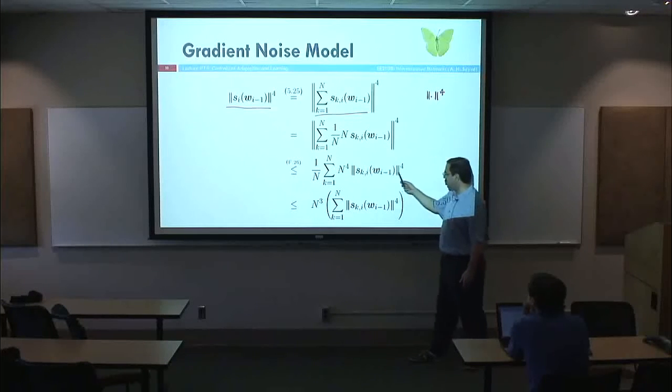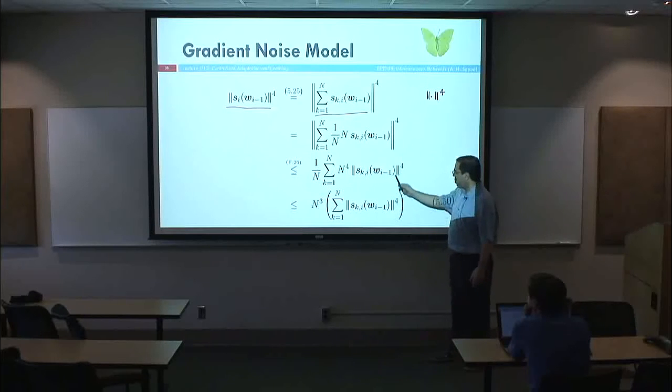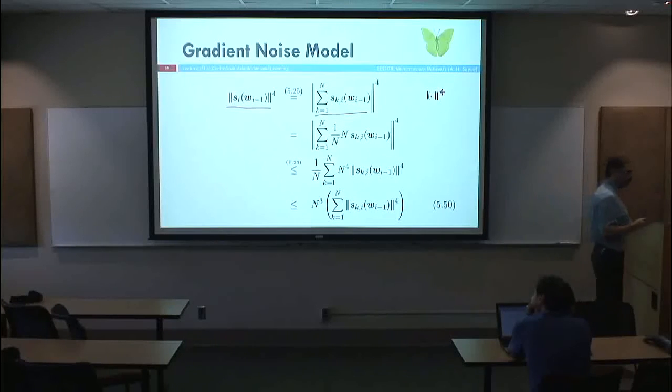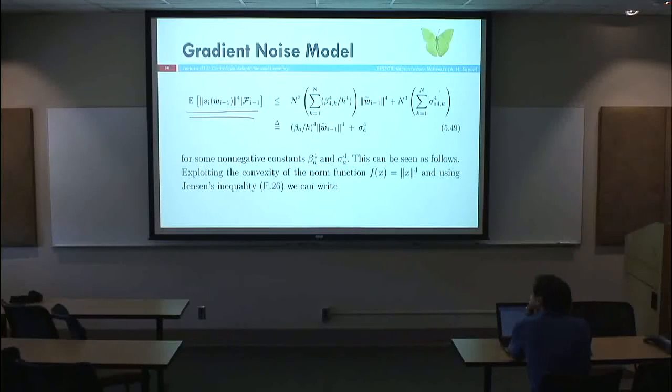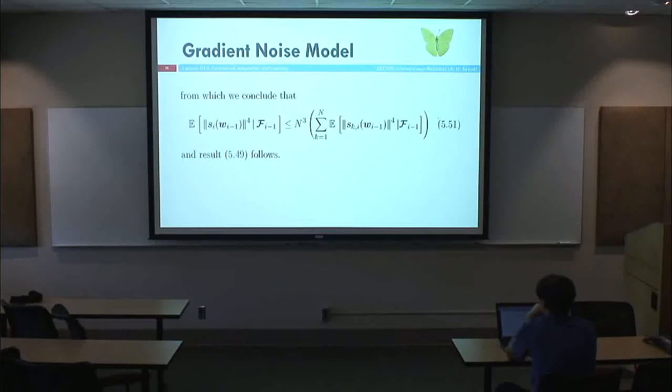But now each one of these to the 4, right? So this n to the 4, of course, comes out, n cubed. And each one of these is bounded by what we had before. Under a sum, you end up getting what I showed you before, right? You end up getting, so this is the n cubed, and then you end up getting these sums, right? So it's not difficult to get that. Okay, there it is.